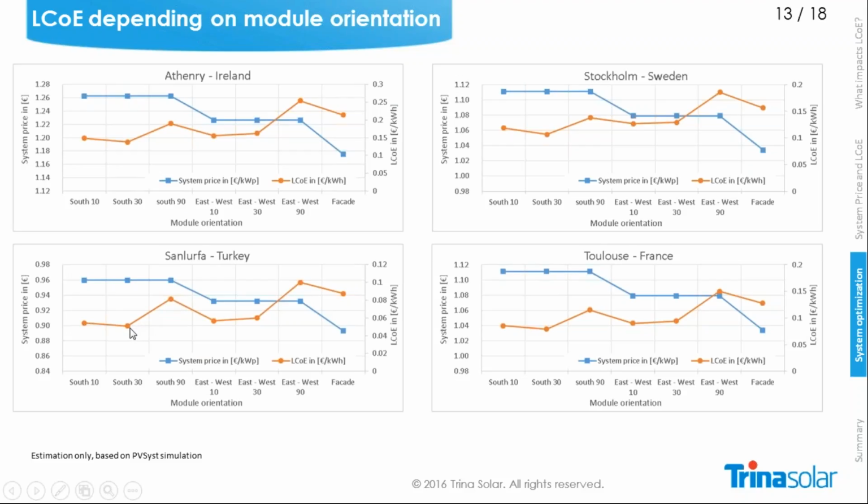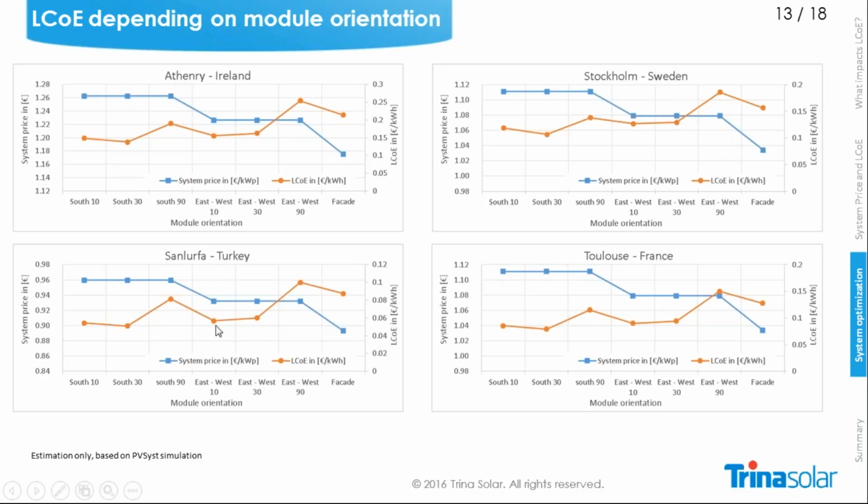For example, the drop from, let's say, south facade 90 degrees is much higher in Turkey, so the increase of LCOE is bigger than here in Ireland or in Sweden. And even if I compare Turkey with France, with Toulouse, you can also see that in Toulouse the drop or the increase isn't as big as in Turkey. It's also the difference between the south-orientated and an east-west system.